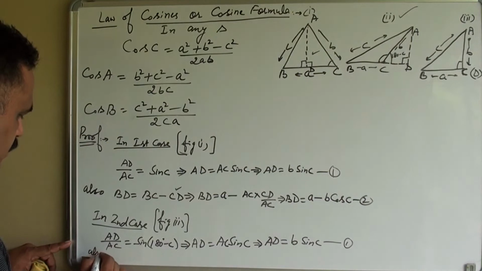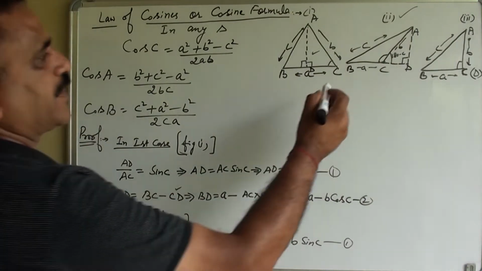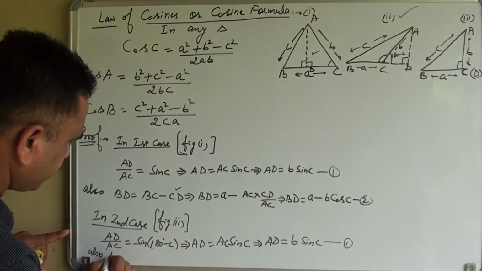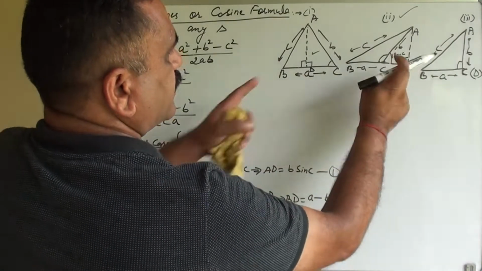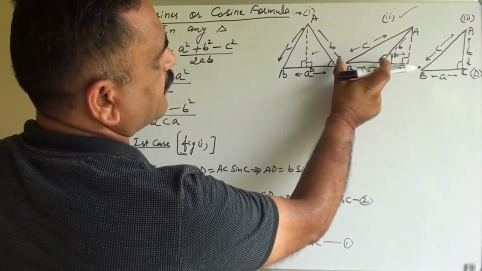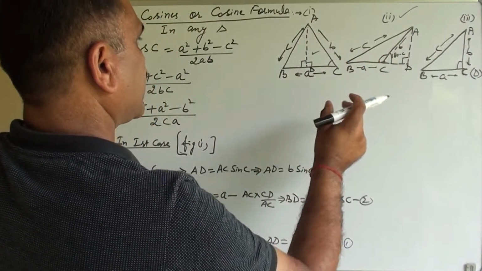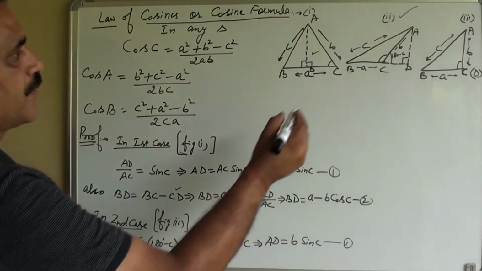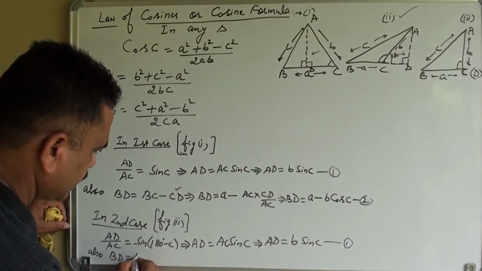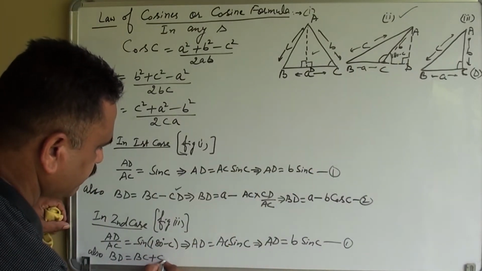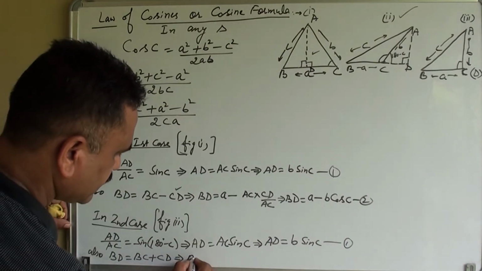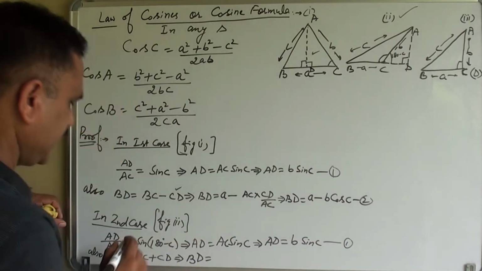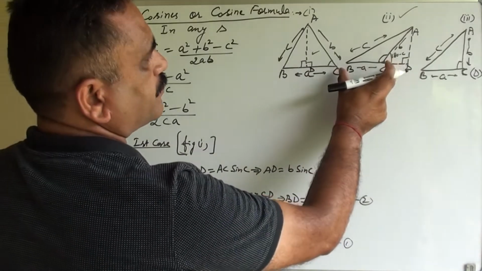Also, now in second case, we have to find out the value of BD. What is BD? BD is equal to what? BD can be written as BC plus CD. This implies BD is equal to BC.